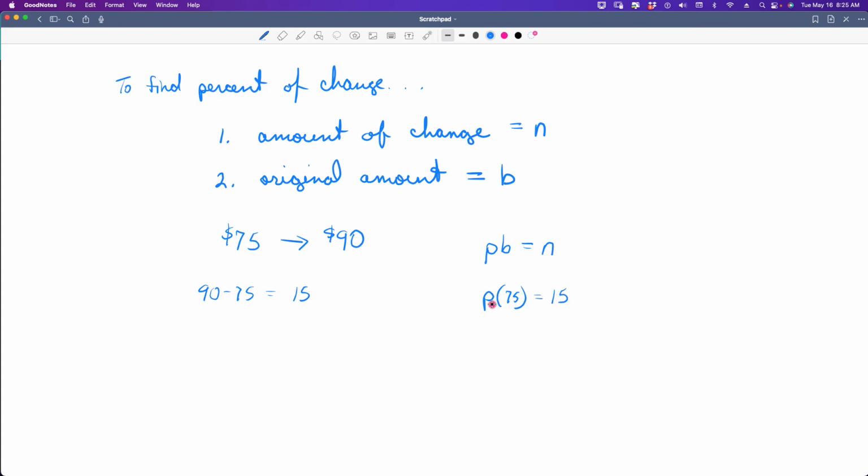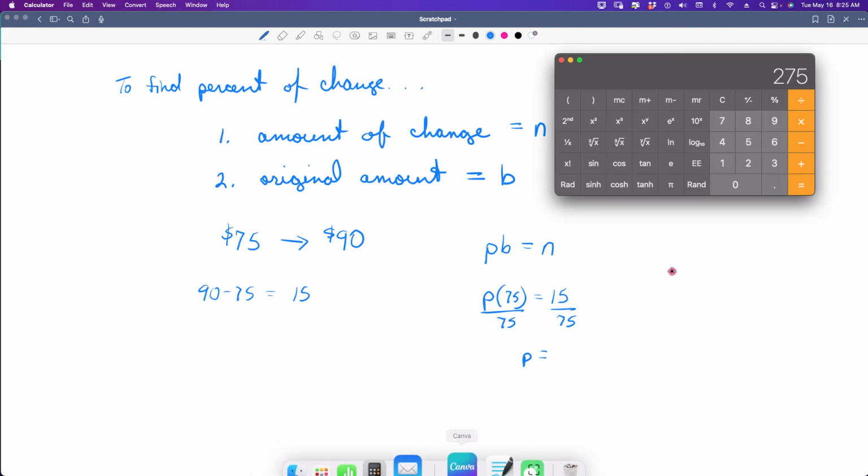So now we can divide both sides by 75. And then P is equal to, we'll use our calculator, 15 divided by 75 is equal to 0.2.